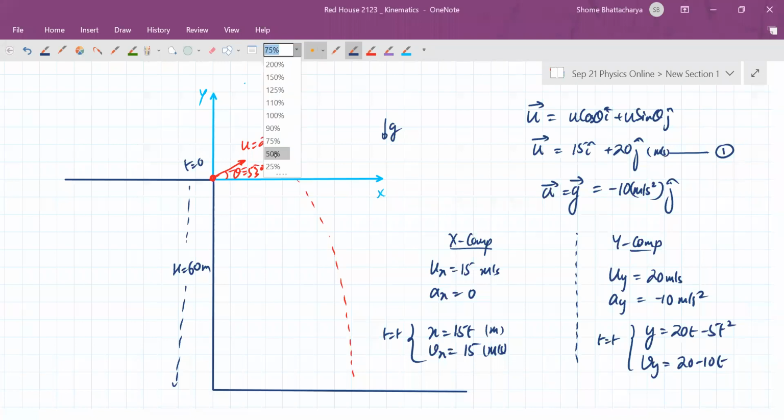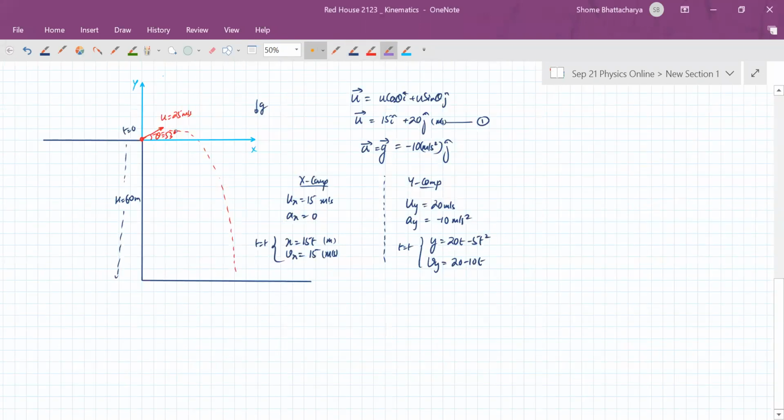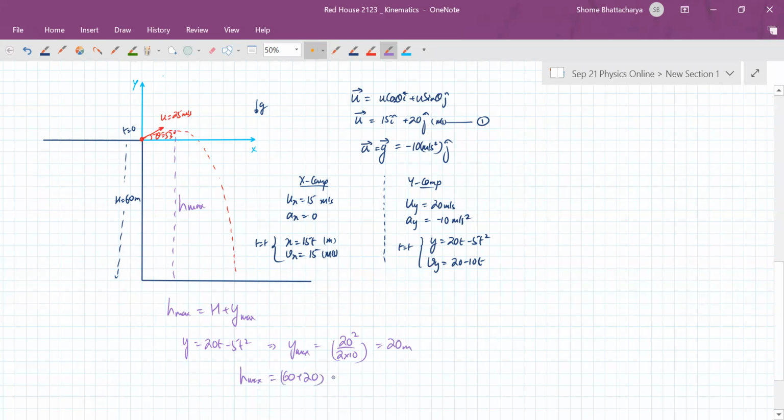Now, for example, I want to find out this maximum height. When it's at some point like this, from the ground level, it is having a maximum height. That maximum height I can say is basically h plus y's maximum. If y is given like this, 20t minus 5t square, you can see that y's maxima is going to be this much, 20 meters. So the overall maximum from the ground is going to be 60 plus 20 or 80 meters.